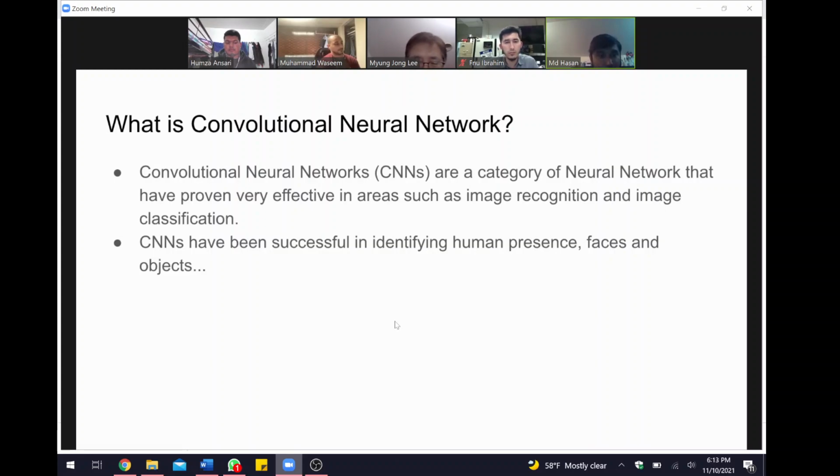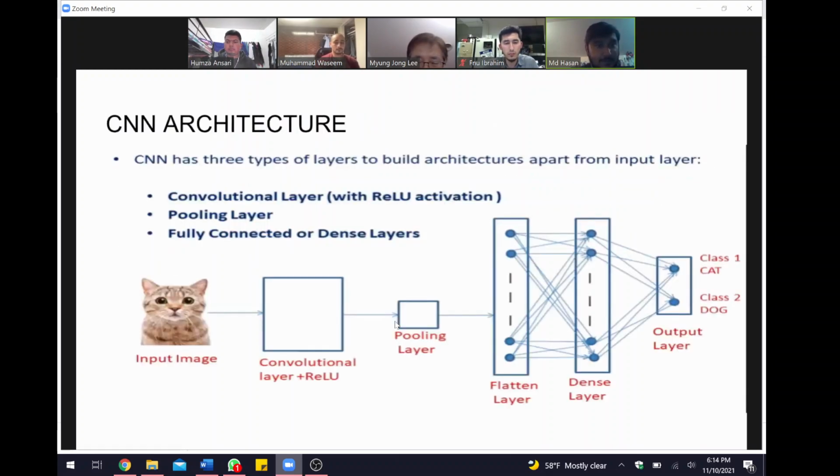They have also been successful in identifying human presence, faces, and objects. In the next slides, the whole scheme shows how a convolutional neural network works.